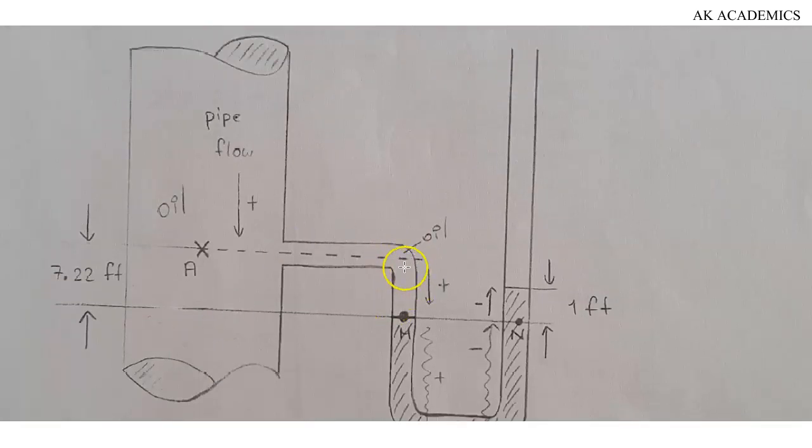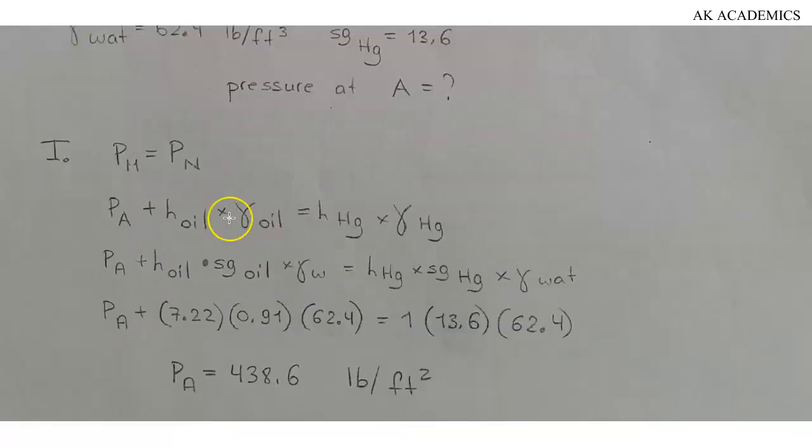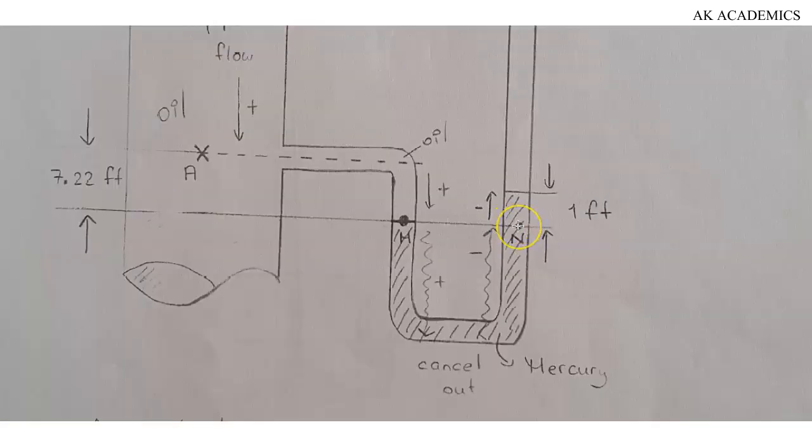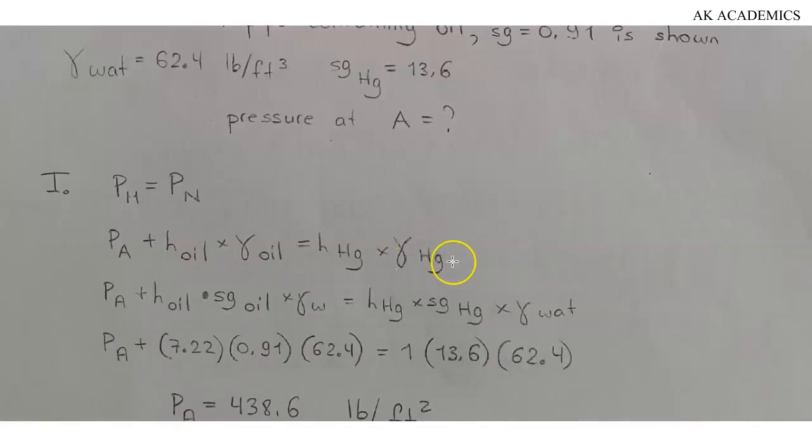The pressure of oil in the manometer will be equal to the specific weight of oil multiplied by the height of oil in this manometer, and that's exactly what we have here. So this is pressure at point A plus pressure of oil in the manometer equal to pressure at point N, which would be equal to specific weight of mercury multiplied by the height of mercury.